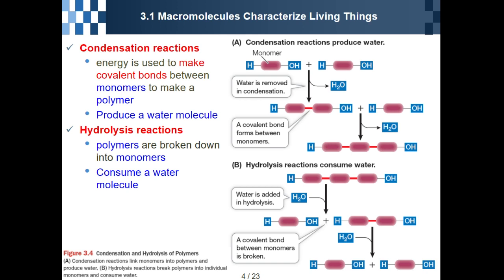Once again, this covalent bond will consume H2O, and this one becomes OH and this one becomes H. So we have two reactions. The first one is condensation, during which a macromolecule is made. During hydrolysis, a macromolecule becomes monomers. Did you understand it?